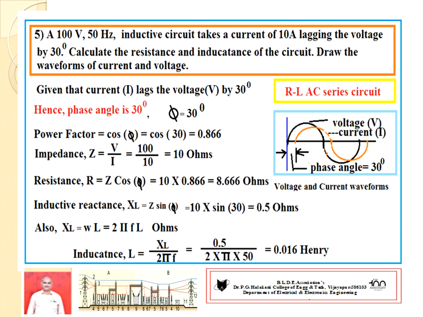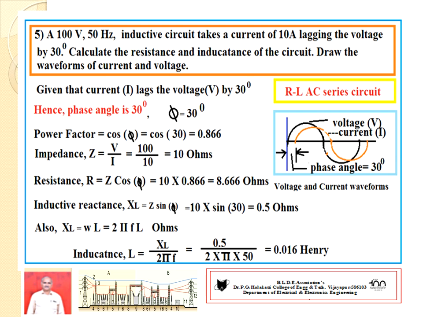Previously we used XL equal to under square root of Z square minus R square. You can use any one method out of these two. So XL equal to Z into sin phi, 5 ohms you are getting.